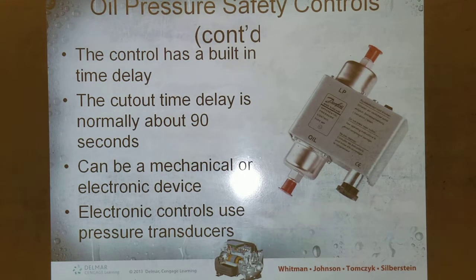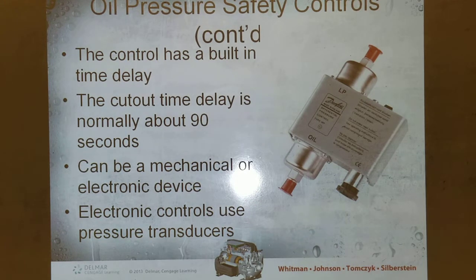The control has a built-in time delay, so the cutoff time is normally 90 seconds. It can be mechanical or electronic. The compressor will start up and run for 90 seconds and then check to see if there's pressure. If there's not pressure there, it'll open up and turn off the compressor.